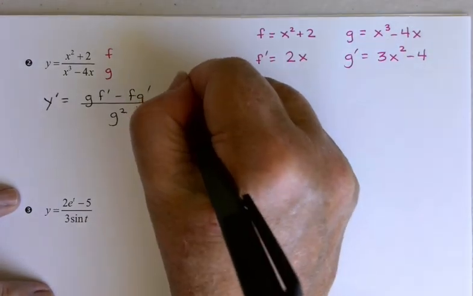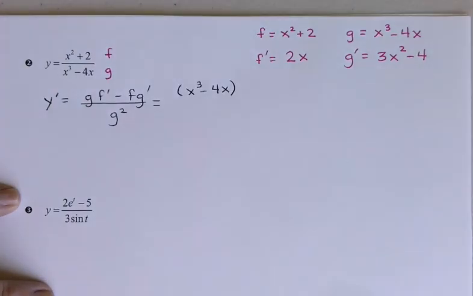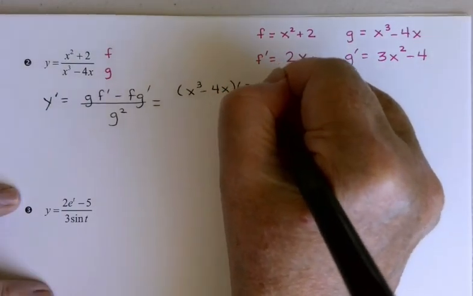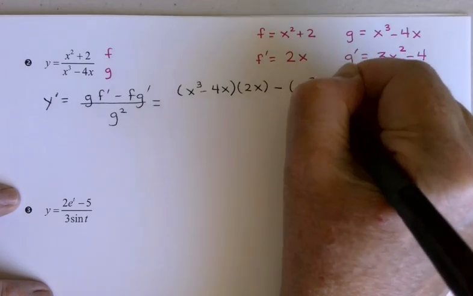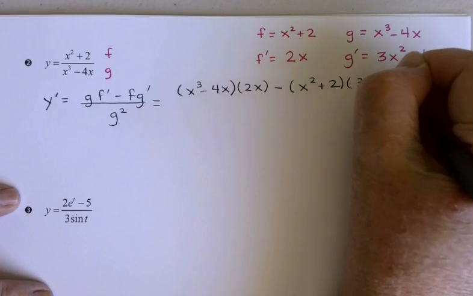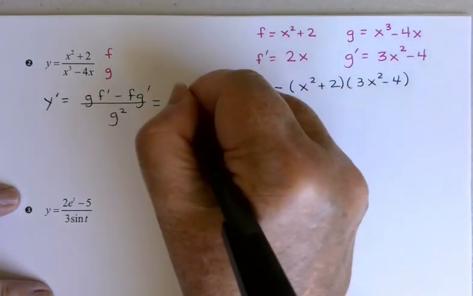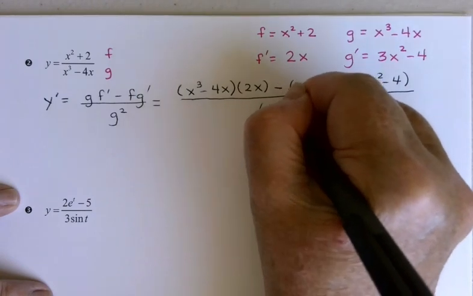So let's see here, g times f prime, which is just 2x, minus f times the g prime over g squared.